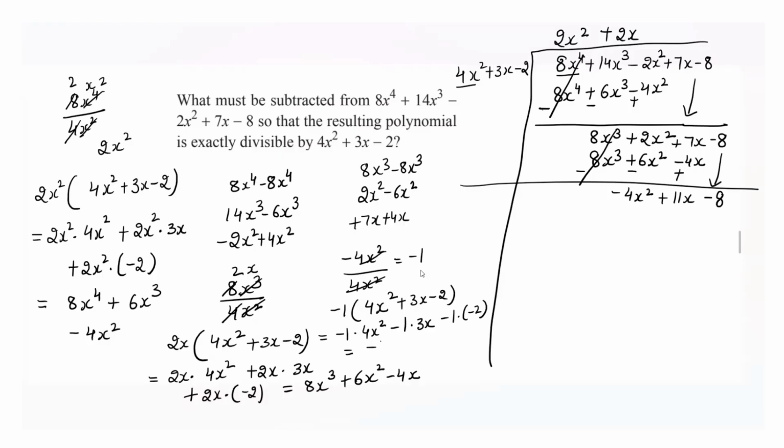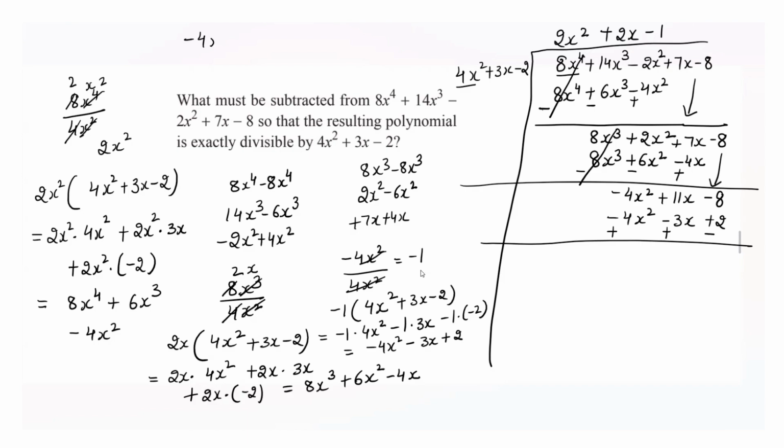We'll get here minus 4x squared minus 3x plus 2. Now we will write here negative 1 and we will write all the values below: minus 4x squared minus 3x plus 2. Now we have to change the signs here. This will become plus, this will become plus, this will become minus.